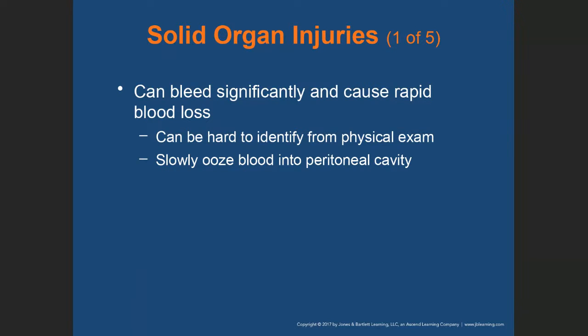So you have to look for subtle signs. Look for discoloration around the navel, discoloration over the flanks, pain, referred pain to the shoulders, right or left, pain to the back where the kidneys are. So look for subtle signs and symptoms.